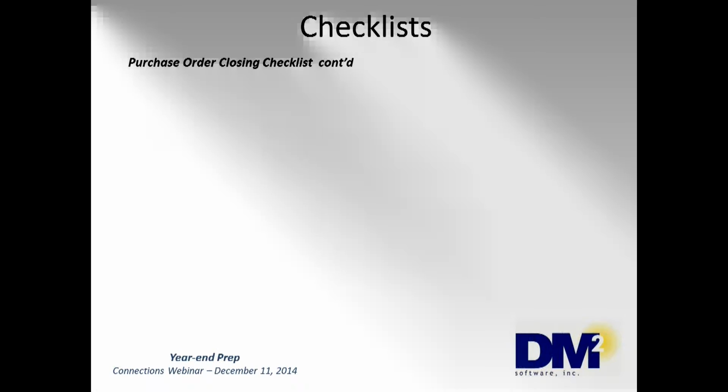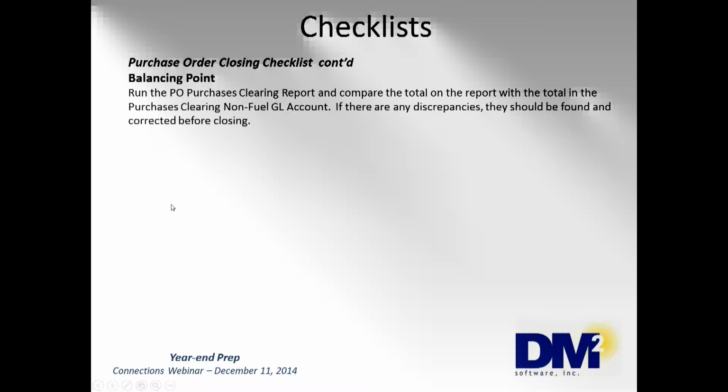So we looked at the pre-closing steps, and now balancing points. It is very important to make sure that we're checking balancing report points. The balancing report point for purchase order is the purchases clearing report. What you would do is print that and compare it to the purchases clearing non-fuel GL account in general ledger. If there are any discrepancies, they need to be corrected before you close.